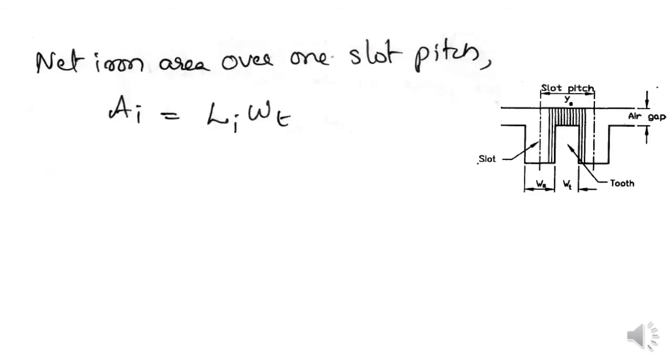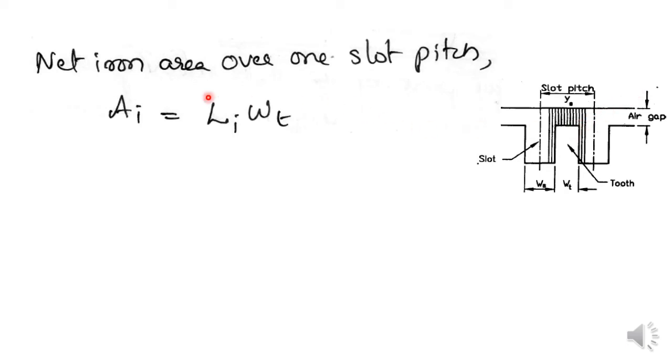Now let's derive a relation between real and apparent flux densities. First let's consider the net iron area over one slot pitch. This is one slot pitch. Here the net iron area means the width of tooth into the length of tooth. The length of tooth is equal to the length of core of the machine.